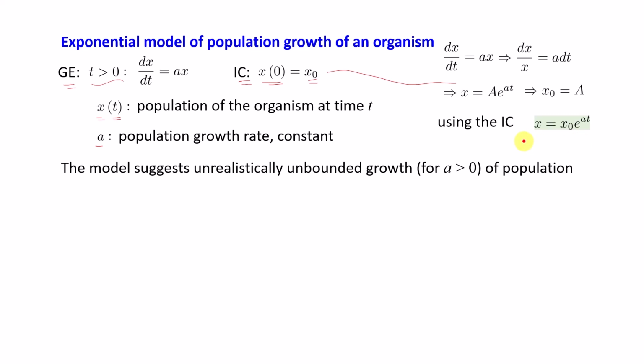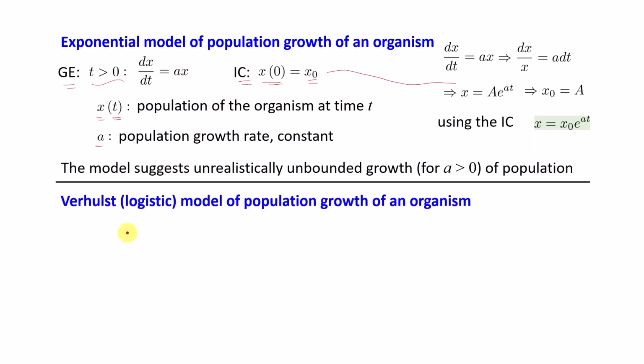Subsequently, many new models have come which have improved this one. One such model is something we call the Verhulst model or logistic model. Verhulst was a Belgian mathematician, and he was modeling the human population growth in Belgium.